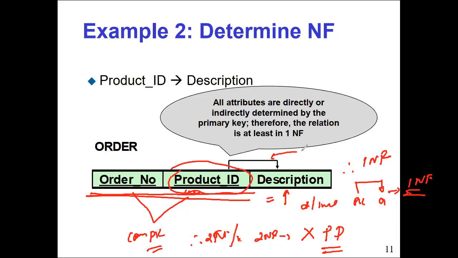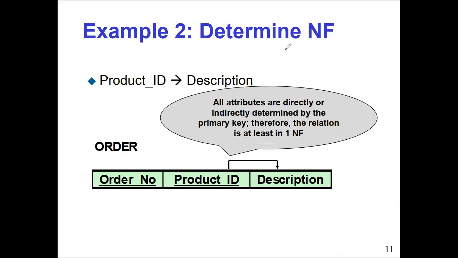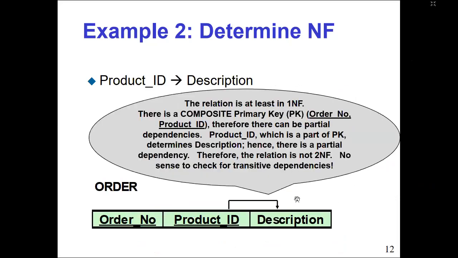So this is partial dependency. If you find partial dependency, it is not second normal form. So we can say simply it is first normal form. That's it. Simply you can write that: all attributes are directly or indirectly determined by the primary key. Therefore, the relation is at least first normal.